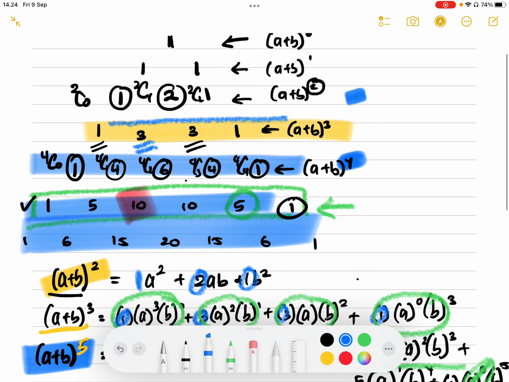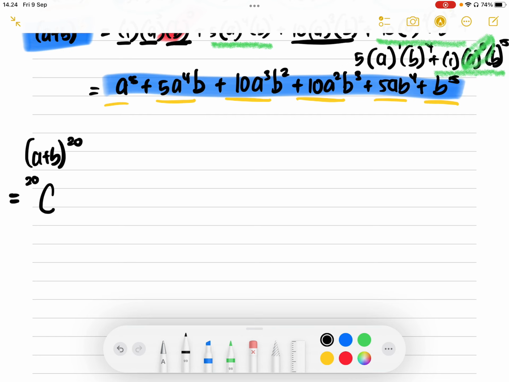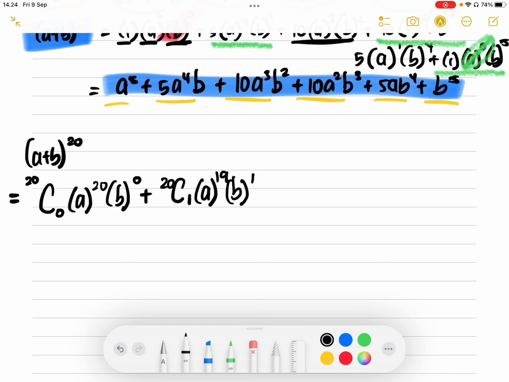So by using the same logic, we can find A plus B to the power of 20 very easily. The first term is 20C0, A to the power of 20, B to the power of 0. Plus, the second one will be 20C1, A to the power of 19, B to the power of 1.